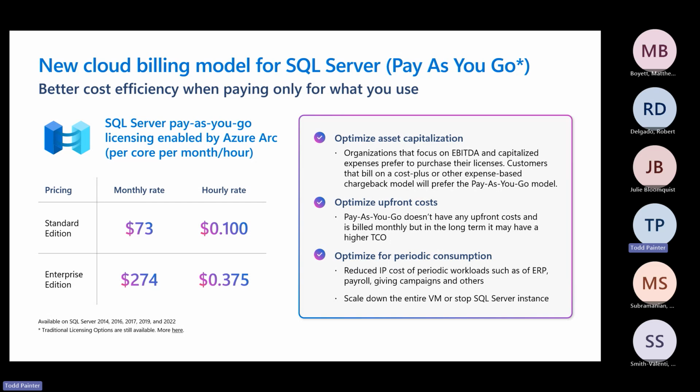You just say, hey, for this server, I want to flip a button that says I'm doing pay-as-you-go SQL licensing, and you get charged for it. If you go crunch the numbers based on this slide right here, you're going to find out right away this is much higher. When I say much higher, I'm not talking double, I'm talking 25%-ish higher than what your normal agreements are going to be, right?